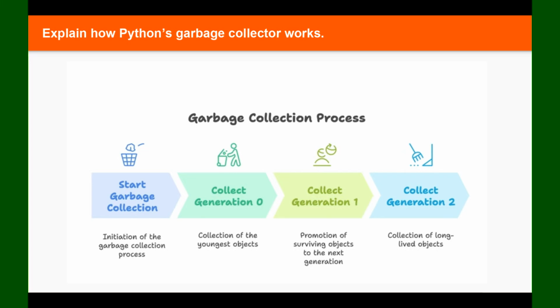The generational garbage collector is divided into three generations: Generation 0, Generation 1, Generation 2. Generation 0 is newly created objects. Generation 1 is objects that survived one garbage collection. Generation 2 is long-lived objects.